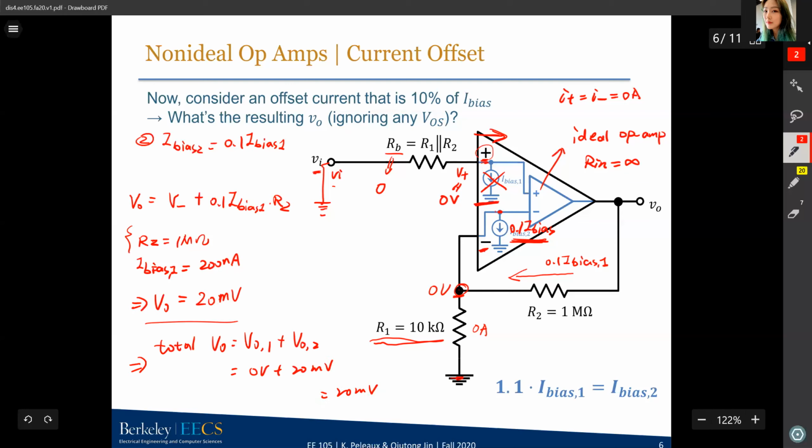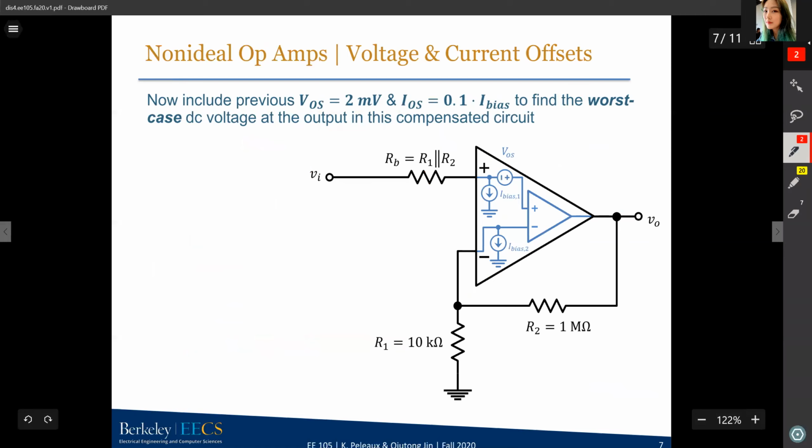So just by having 10% offset current, a super small offset current, you will have a 20 millivolt offset voltage. So your offset current will affect your output voltage.